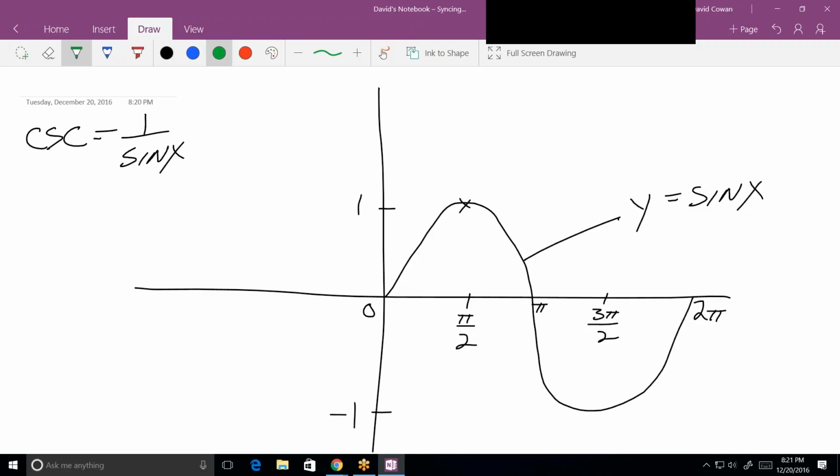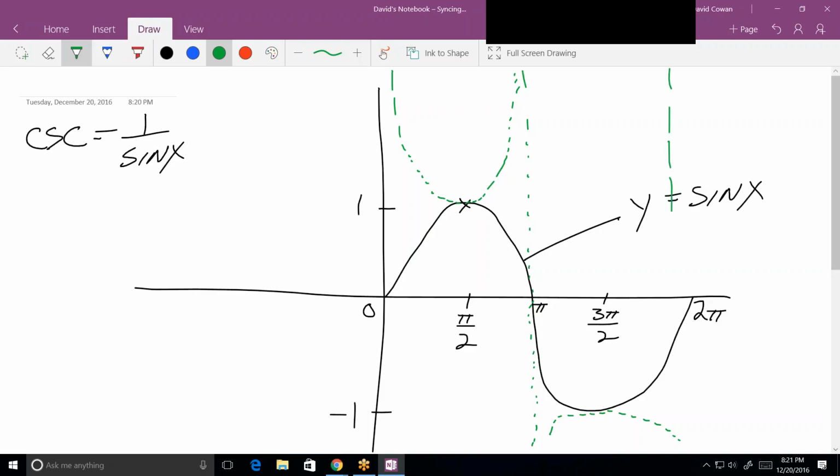So in this case, the cosecant sits on the tops and the bottoms of the sine curve. And there's a vertical asymptote wherever sine is equal to 0. Because obviously if sine is equal to 0, then we got 1 divided by 0, which is either positive or negative infinity. And that's what my curve is showing.